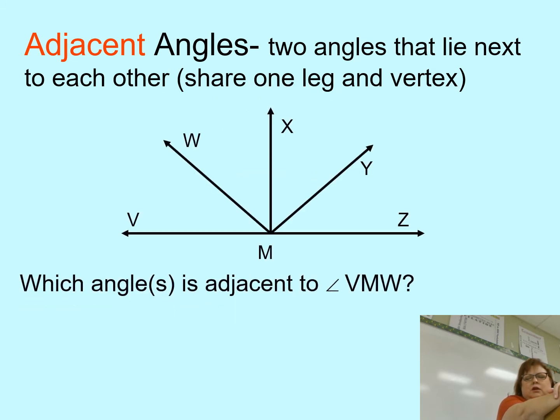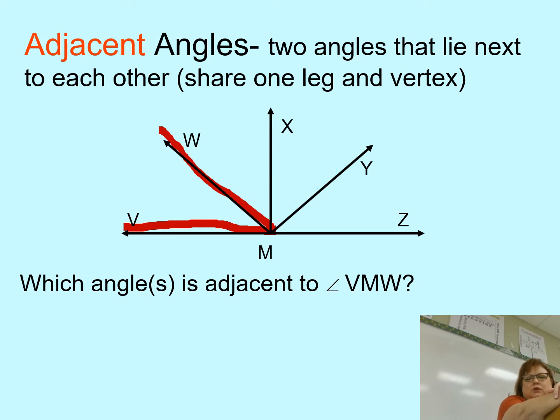Alright? And then what is adjacent to angle VMW? Where's VMW? What's an adjacent angle to that? Okay? Some people want to say XMY. That's not going to get it. That's not sharing a side. Alright? It's got to be right up against it, sharing a side.